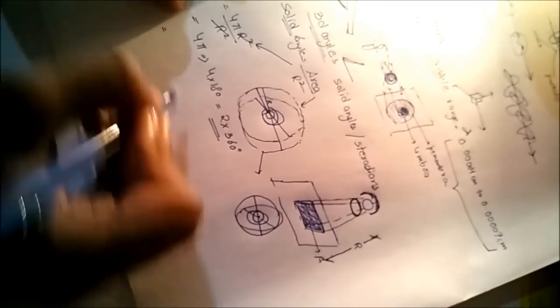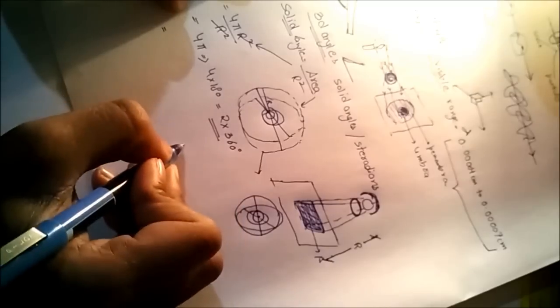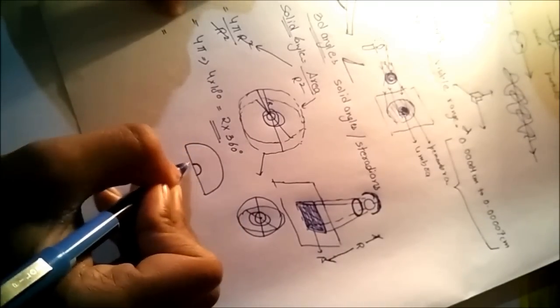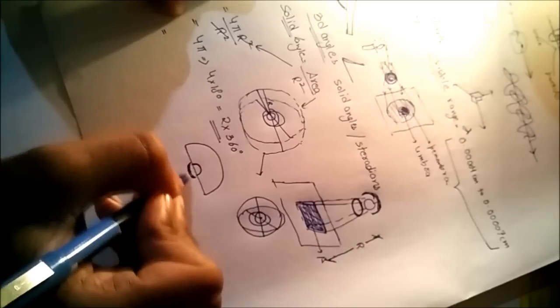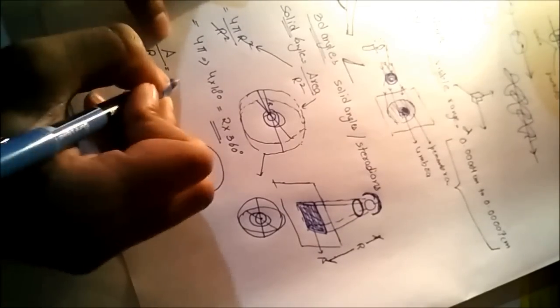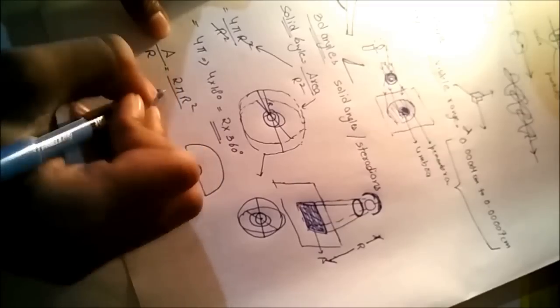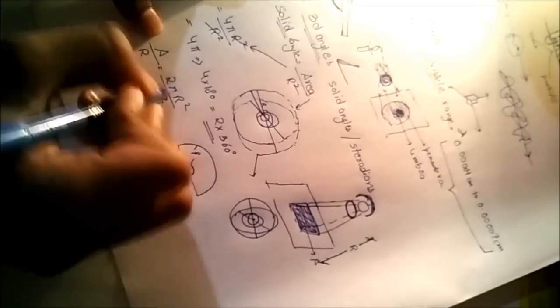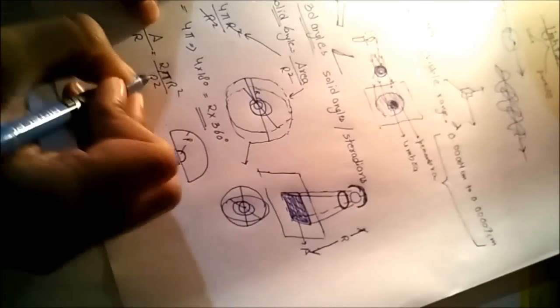Okay, we will see for hemisphere. If the light source is this and the rest part is obstructed by another thing, then the area upon r square is equal to 2 pi r square upon r square. R is the same distance and 2 pi r square is the area of the hemisphere.